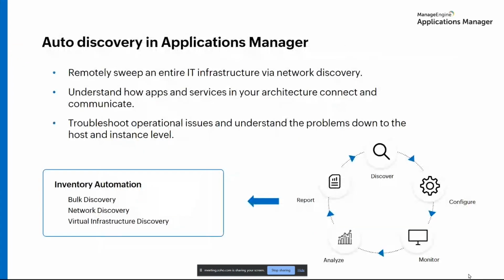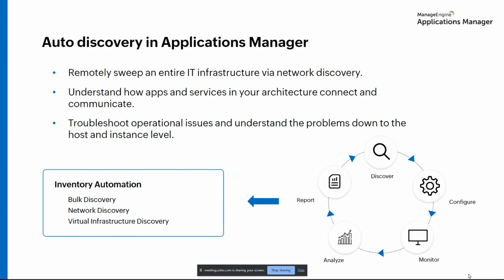First and foremost, Applications Manager was able to discover all the servers, services, and applications that were running within their IT infrastructure. Now, to discover all resources across their IT infrastructure, three methods can be used: network discovery, bulk discovery, and virtual infrastructure discovery.